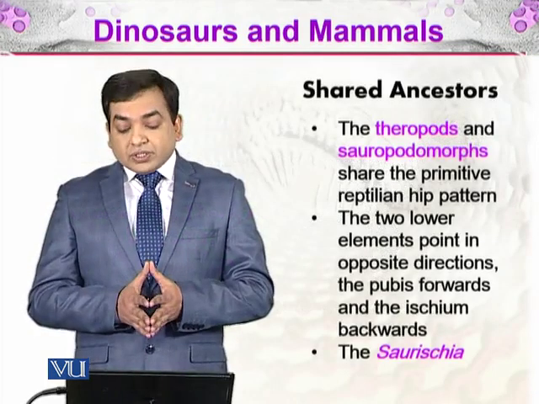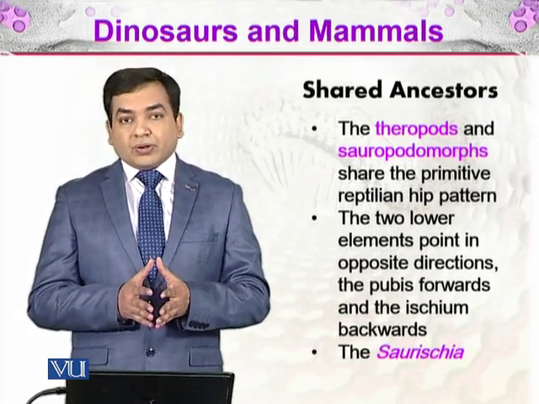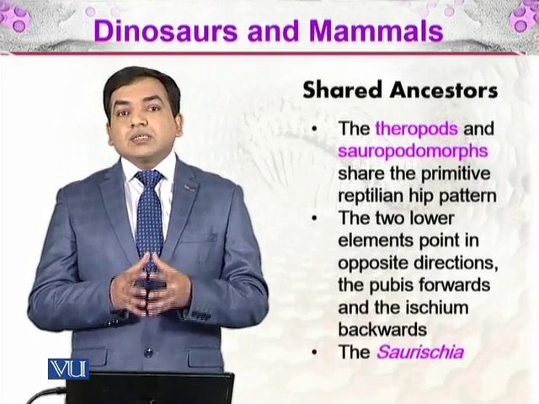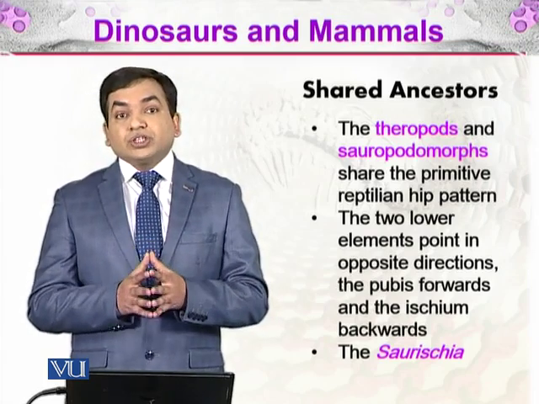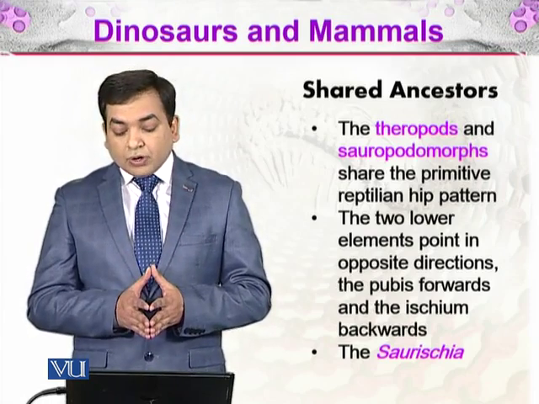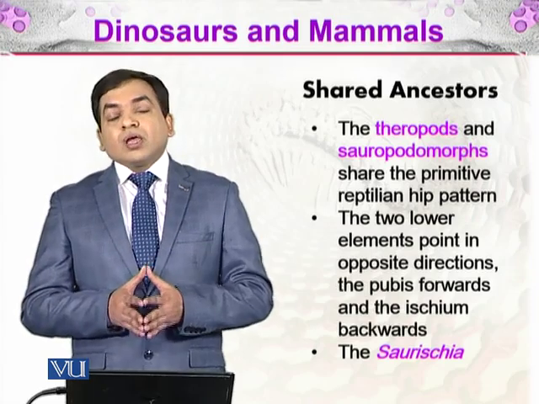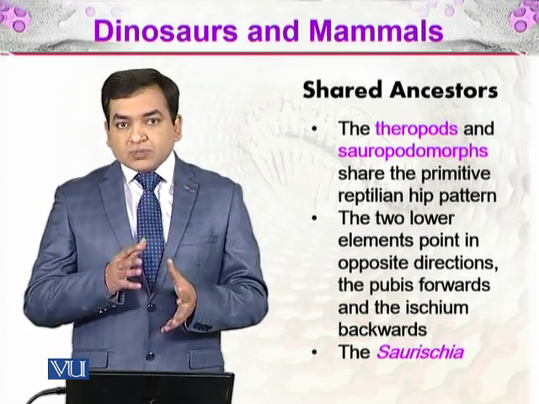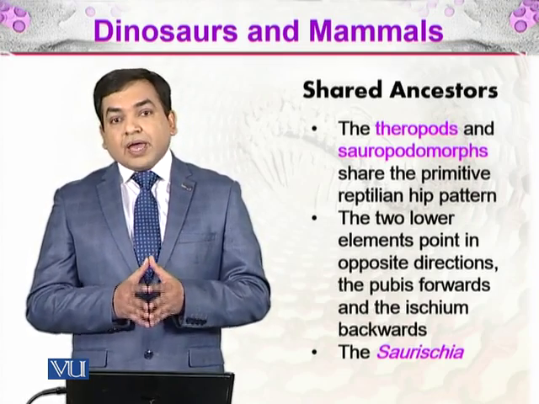The theropods and sauropodomorphs share the primitive reptilian hip pattern. When they share a common pattern in their structure, that means they shared an ancestor as well. The two lower elements point in opposite directions, the pubis forward and the ischium backward. The hip joint is made up of three main bones: the ilium, ischium, and pubis.